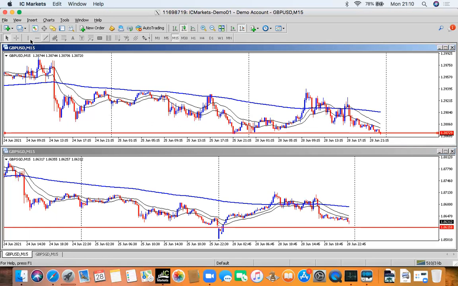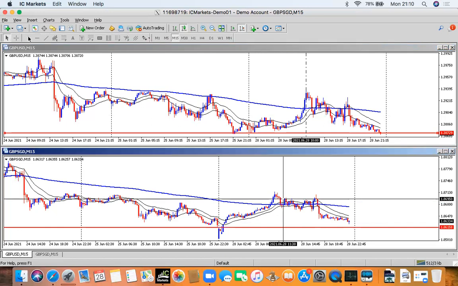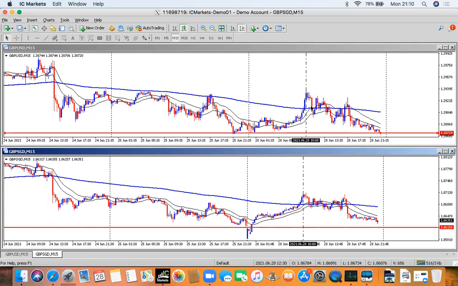I only joined this market today at this point, and there was no setup for me at all at that time. Usually I trade 9 p.m. my time, which on platform time is usually 11, because the platform time is 2 hours ahead of my time.